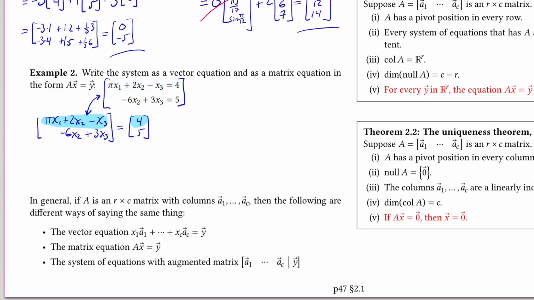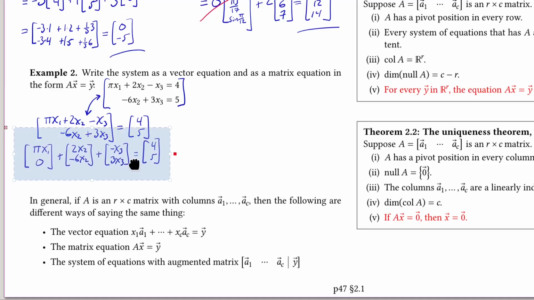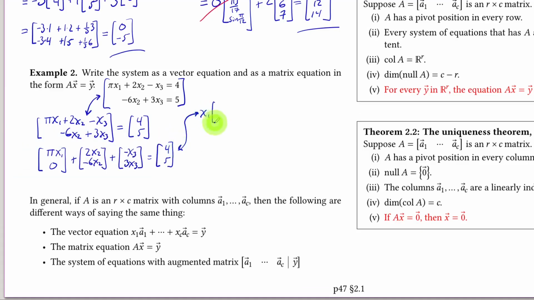So those are definitely equivalent, and the one on the left you could write as a sum of some vectors. And of course you can write each of these terms as a variable x1 or x2 times that vector.